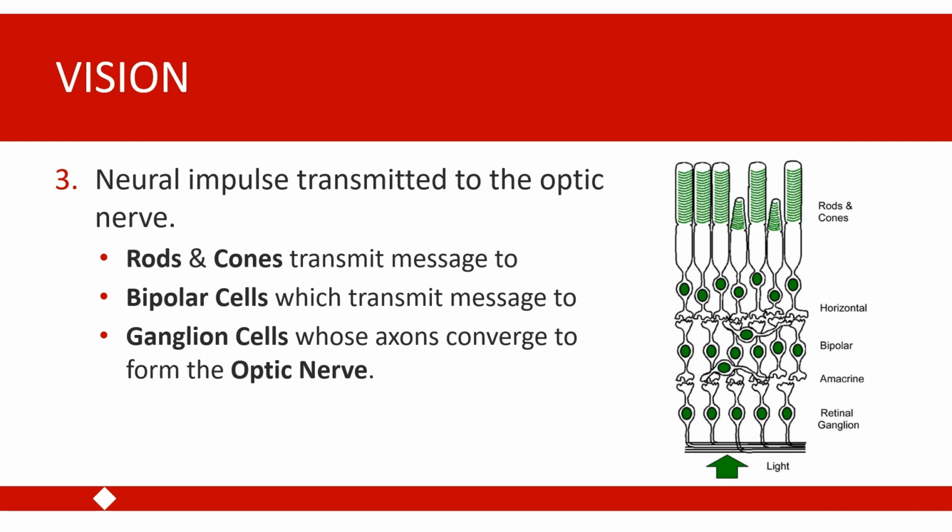An interesting thing about the bipolar cells is that rods and cones are connected to different numbers of bipolar cells. Each cone has its own bipolar cell that it transmits information to, and that information is then transmitted to ganglion cells. In contrast, a single bipolar cell might receive input from multiple rods.